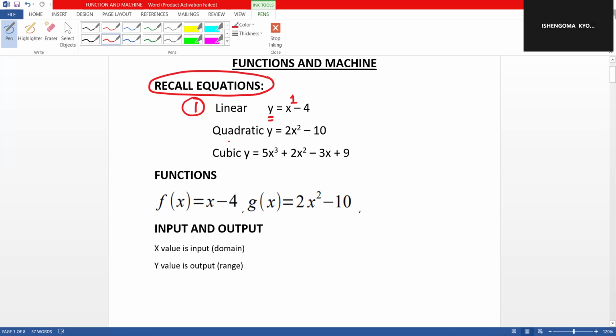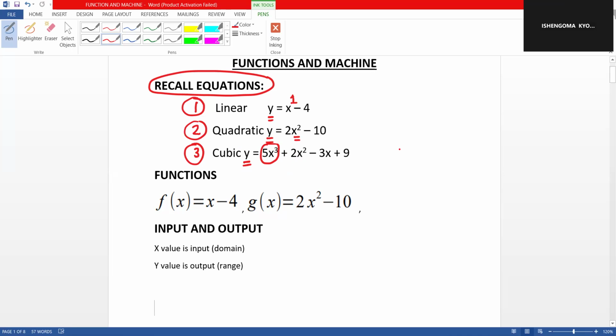At the same time, we also have a quadratic equation whereby the biggest power is power 2. Also, we have a cubic equation, and in the cubic equation, the biggest power is power 3.